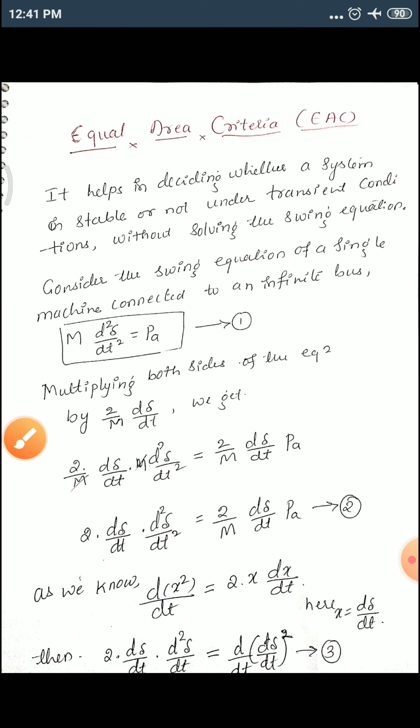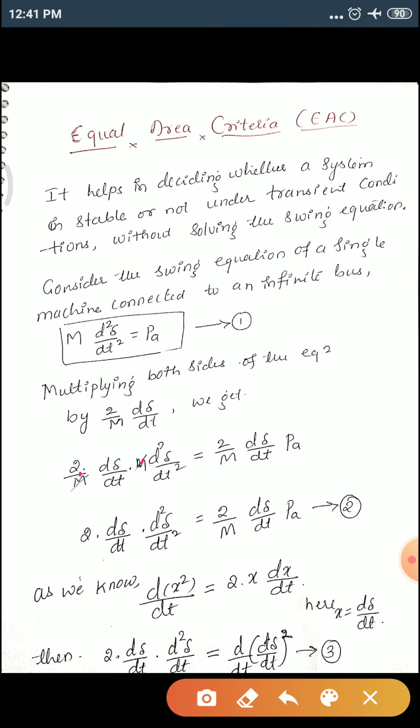The m and m get cancelled, so 2 into d delta by dt into d square delta by dt square equals 2 by m d delta by dt into Pa.